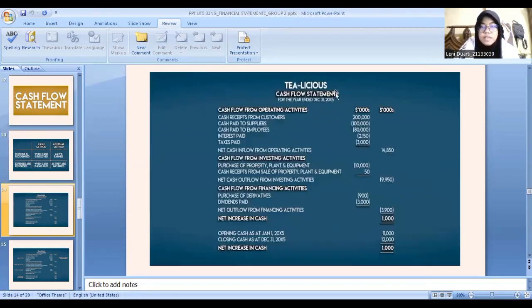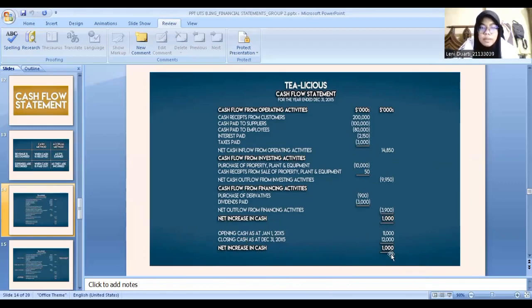A cash flow statement looks like this. In the header, we have the period of time that it's related to, just like we had in the income statement. And in the body, we have two main sections. At the bottom, we have the opening and closing cash balances for the financial year.